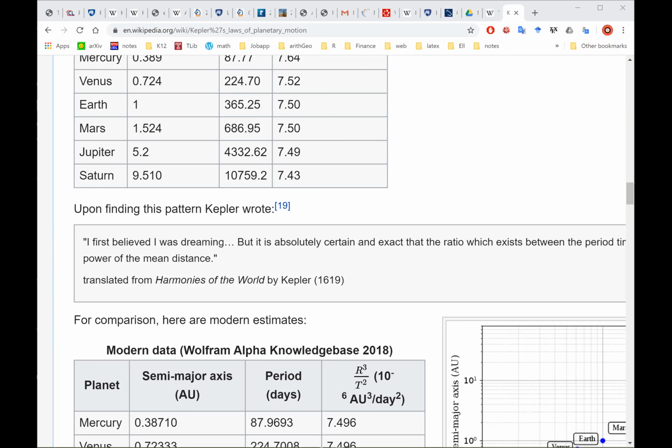It was 70 years later that Isaac Newton explained Kepler's laws.